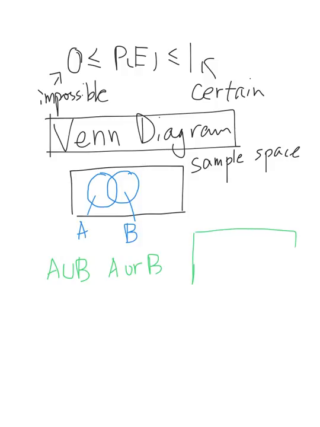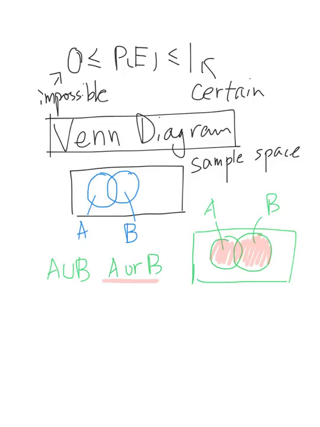Let me draw another Venn diagram. This is A and this is B. Graphically, the meaning of A or B is equal to this area.